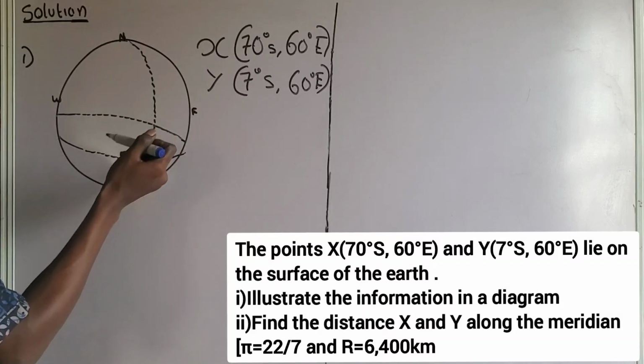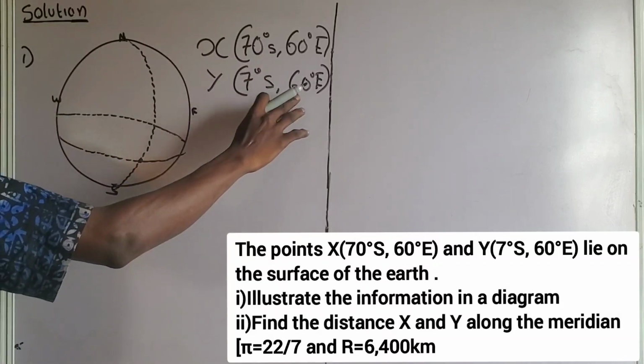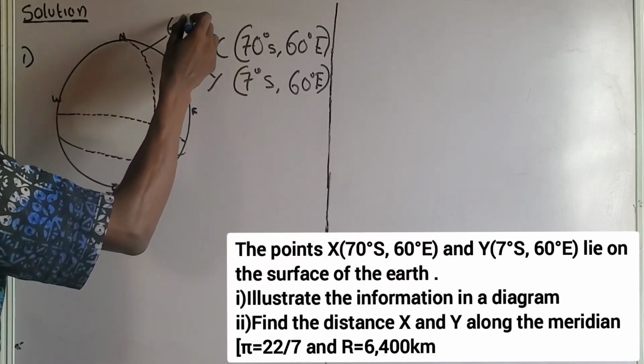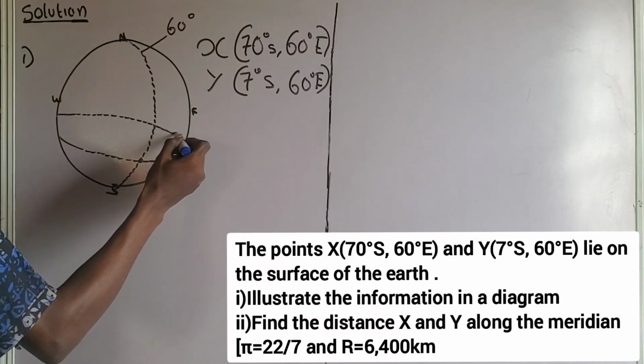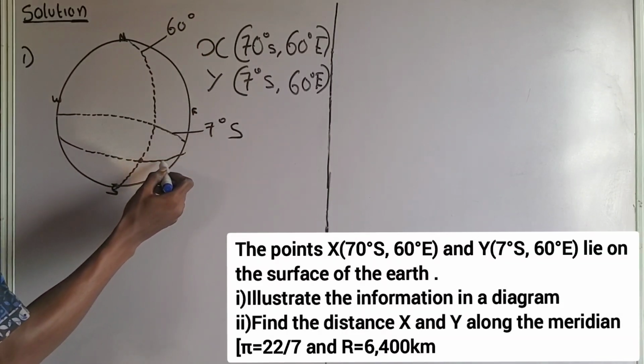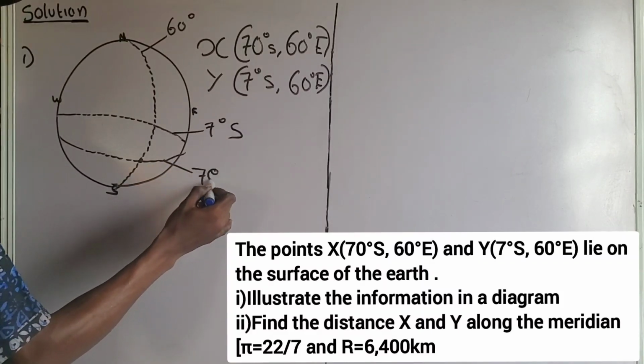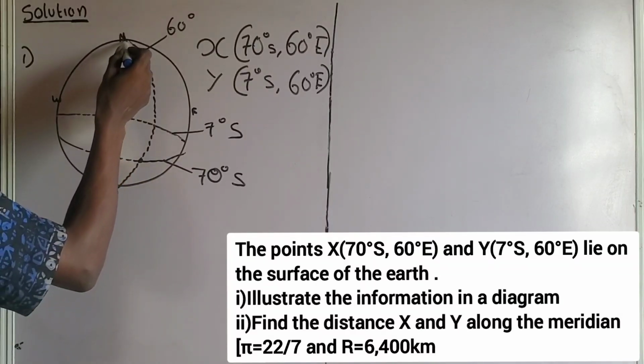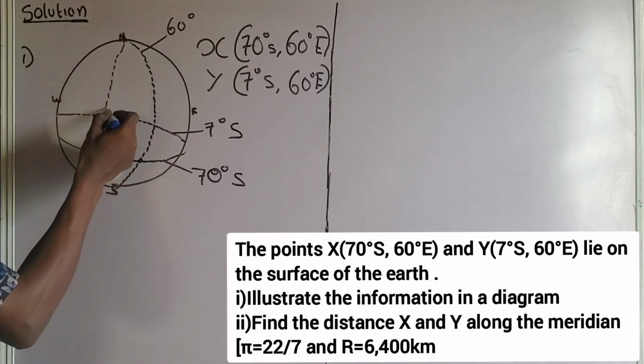And then this is 60 degrees east, 7 degrees south. And then this is 70 degrees south. Okay, so what are we asked to calculate? Let me draw a line like the meridian.